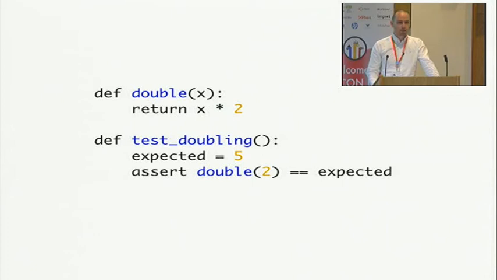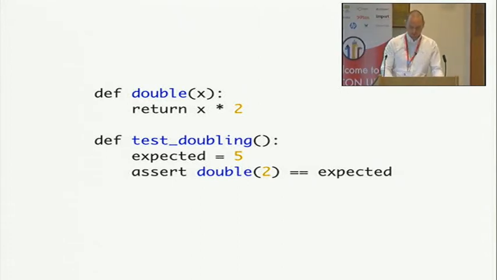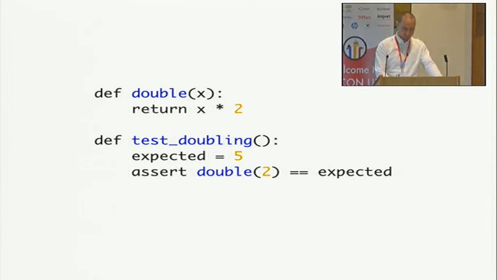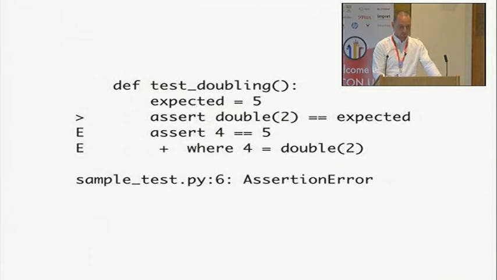You start a function with test underscore something, and that's pretty much it. Later on, in your test, you write assert something something. In our case, we'll be asserting that double of 2 is 5, which is not true. It serves a purpose. When you run this code on PyTest, you will get something like that.